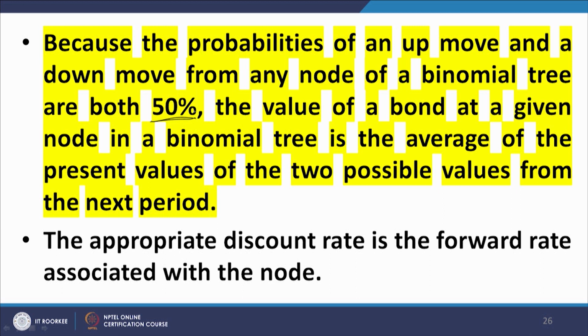The value of a bond at a given node in a binomial tree is the average, because both branches have equal probabilities. So, naturally, when we work out the expected value, it turns out to be the average of the present values of the two possible values from the next period. This will be clear from the following example. The appropriate discount rate is the forward rate associated with the node. This is important.